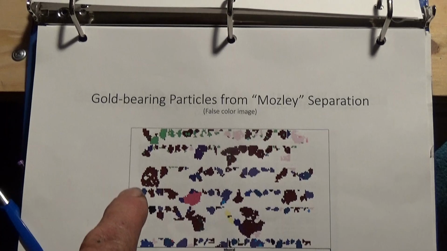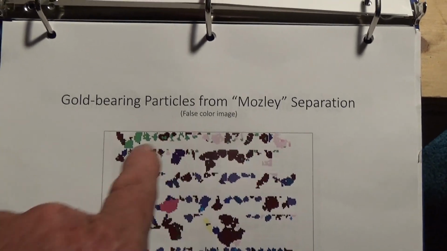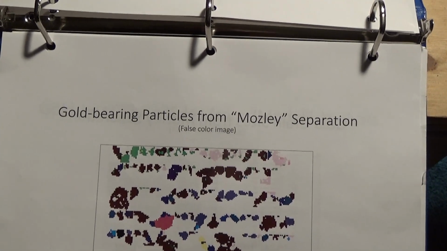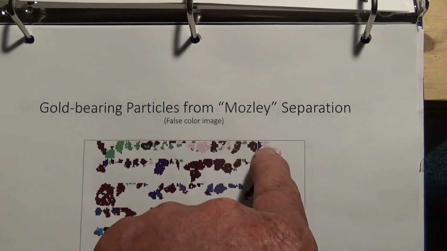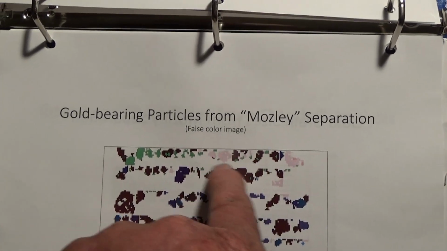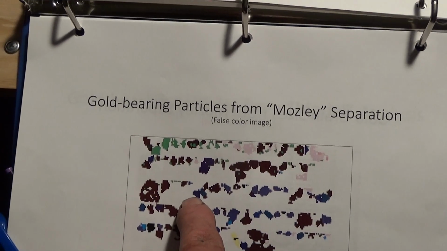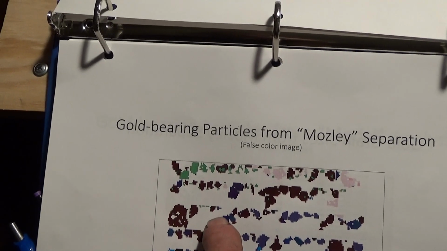When you go down here, this is basically the same thing but with the other minerals dark enough to see. And as you can see, all the way down to here, there's some dolomite, and all the way to here before you get anything else besides dolomite and iron oxide.